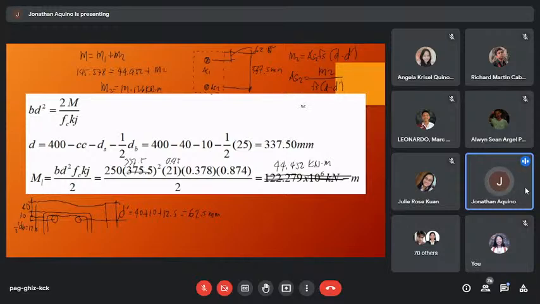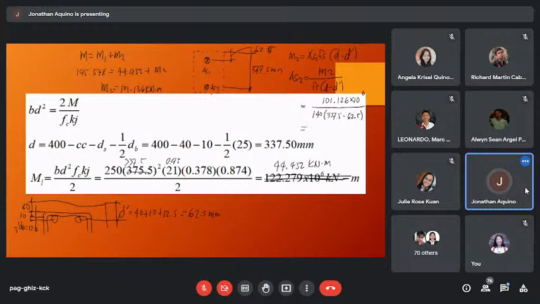So ang As2 natin, M2 natin is 101.126 times 10 to the 6 newton millimeter divided by Fs of 140, times d minus d prime, which is 337.5 minus d prime of 62.5.